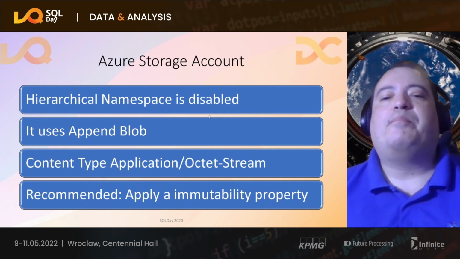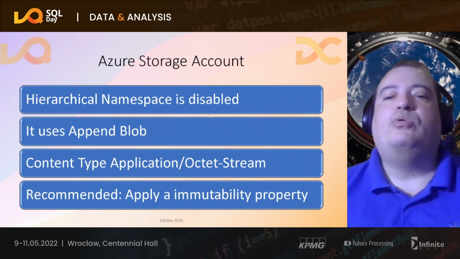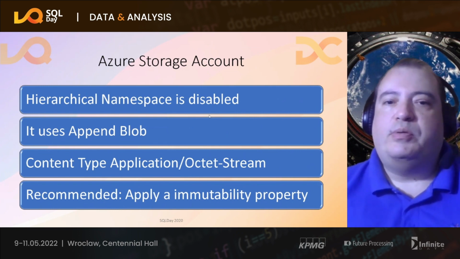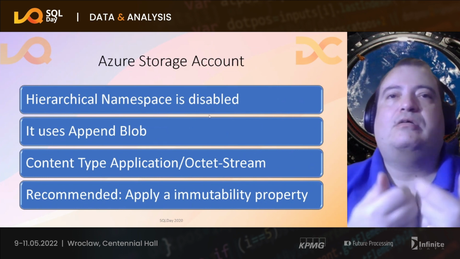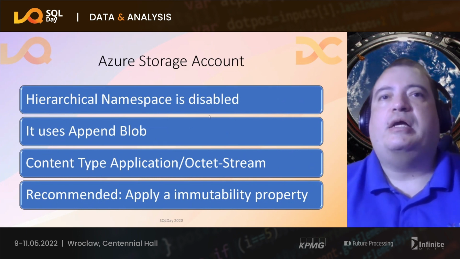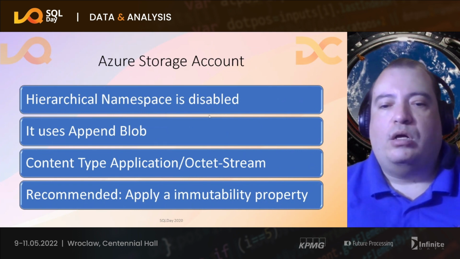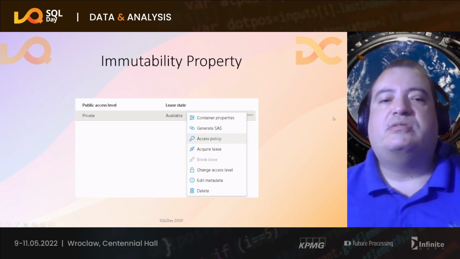Recommended: apply an immutability property. Many people may not know, but Azure Storage Account has an immutability property to ensure that the data included in the storage can't be changed anymore. It's an immutability policy. How is this applied?